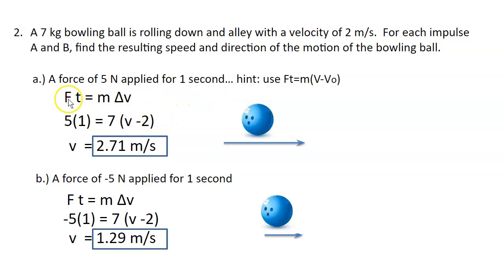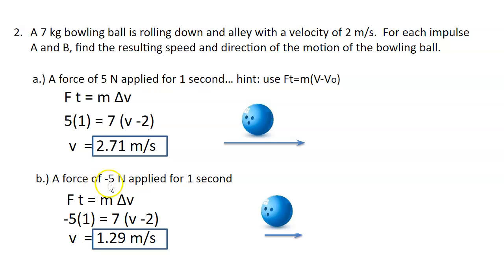So in this case, it's 5 times 1 is 5, and then we have to distribute this 7. And when we solve for V, it's 2.71 meters per second. And the answer is positive, so we know it's continuing to go to the right. It's going faster than what it originally was, so this impulse was pushing to the right. Or this force, we should say, was pushing to the right.